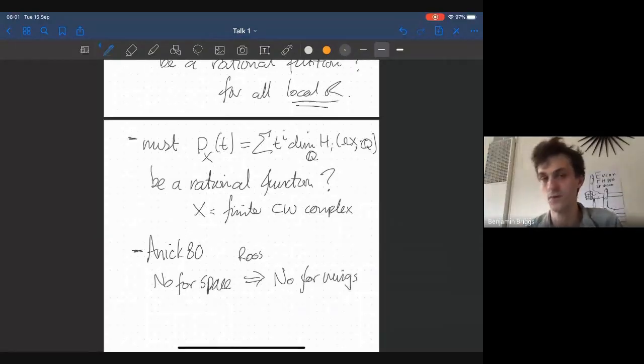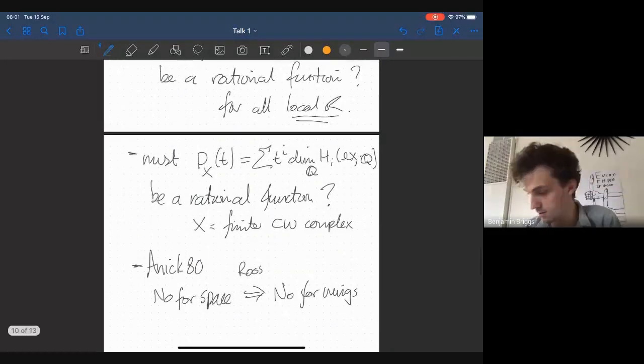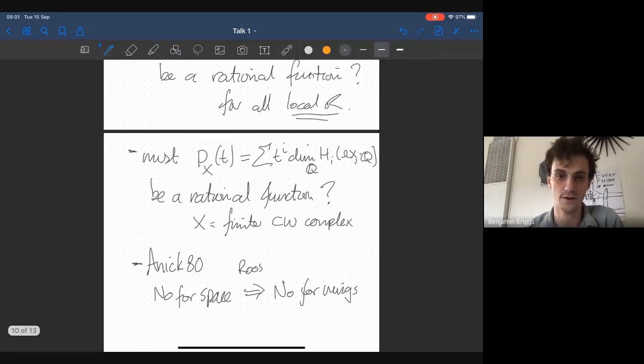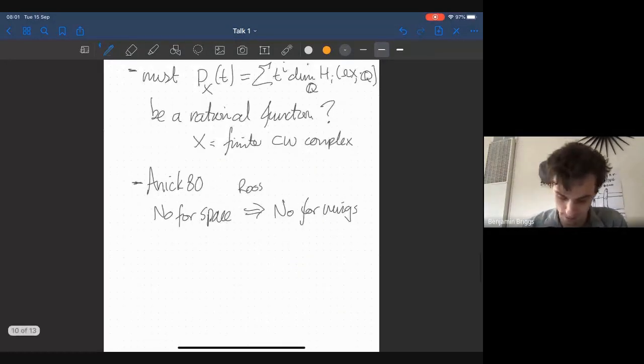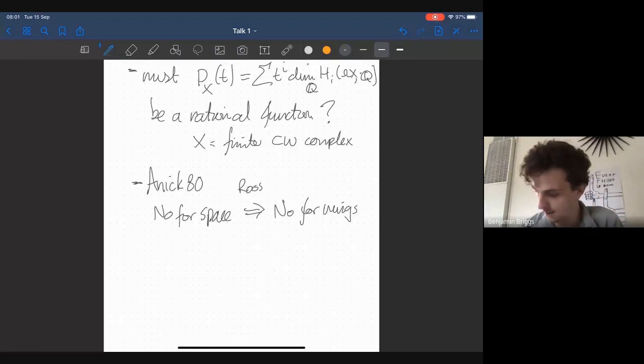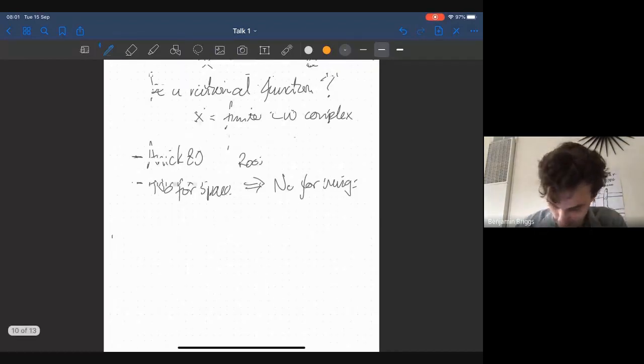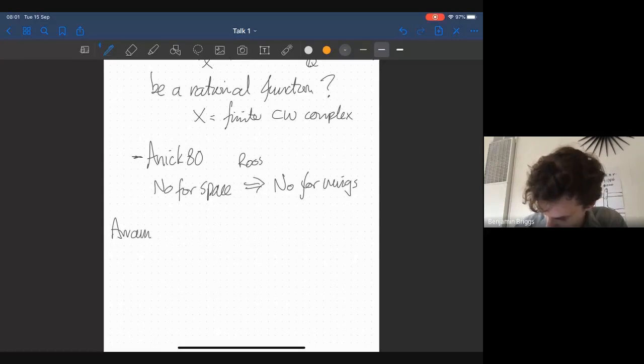So it turns out there are local rings, in fact, there are lots of local rings whose Poincare series is irrational. These are called bad rings. Anyway, I'm getting aside from the point. I'm more interested in the way that Avramov got into rational homotopy theory.